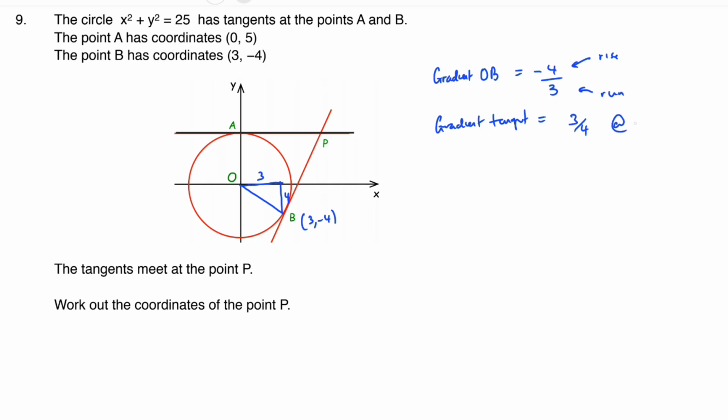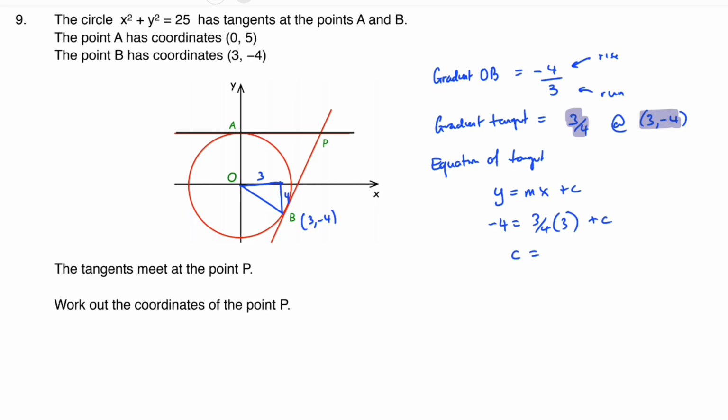Now it goes through the point (3, -4), so we can get the equation of this tangent. And remember, we're just talking only about this tangent at the minute. So y is equal to mx plus c, using this information, m, and our coordinate. So y, that's minus 4, is equal to 3/4 times x plus c.